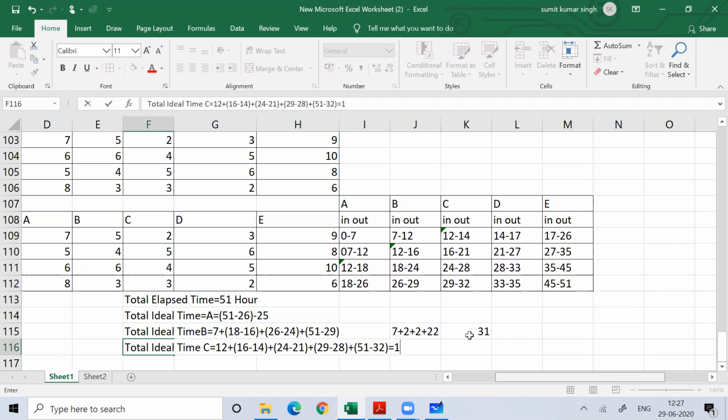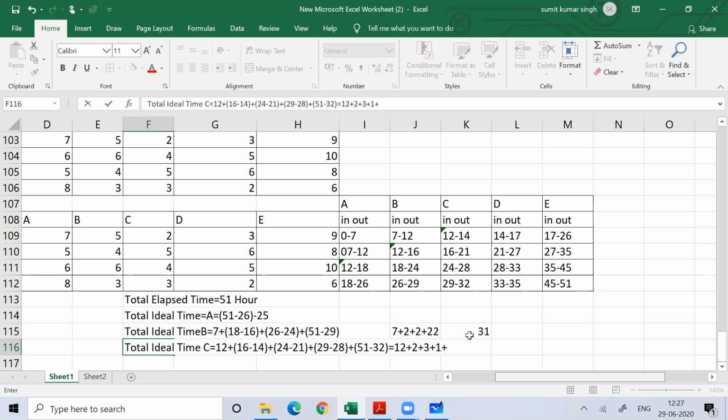Similarly, this would be 12 plus 2 plus 3 plus 1 plus 51 minus 32.